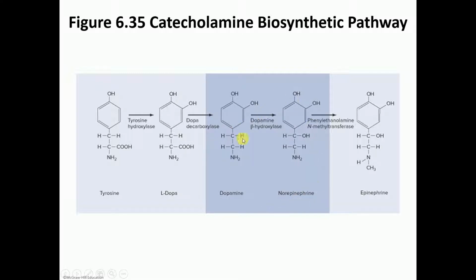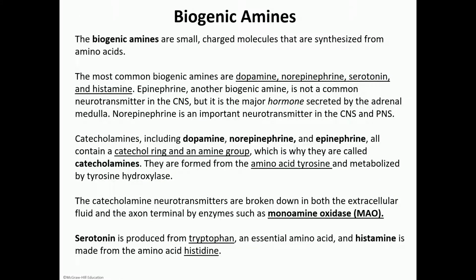These two in the darker grayish areas are your neurotransmitters. And in the adrenal medulla, norepinephrine is the precursor of epinephrine. So going back to this slide again, all of these are part of the catecholamine family of three: dopamine, norepinephrine, and epinephrine.